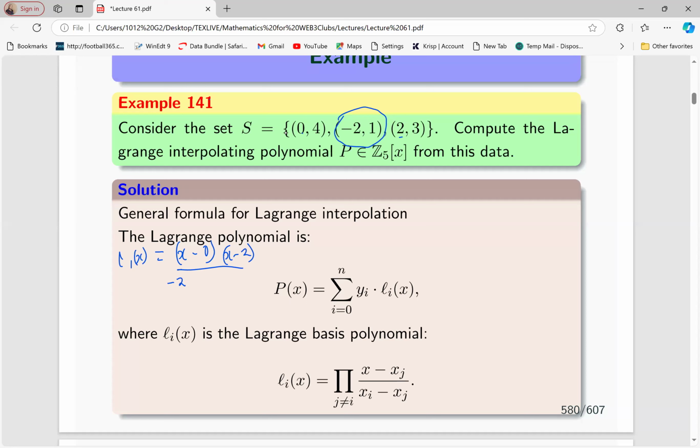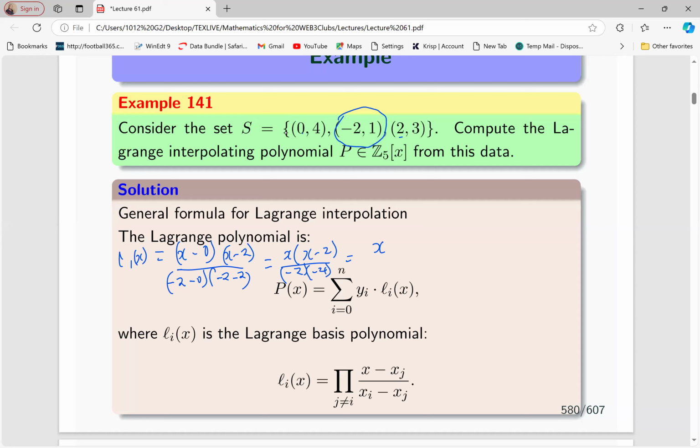You can make it 3, because negative 2 mod 5 is 3. Then subtract 0 from this, and also subtract 2 from negative 2. So the numerator becomes X into X minus 2, and the denominator becomes negative 2 multiplied by negative 4, which is what?